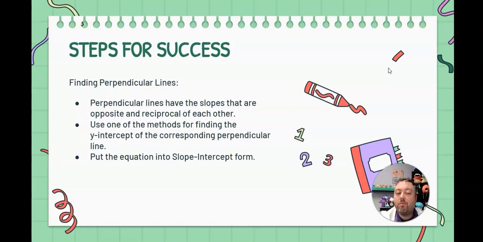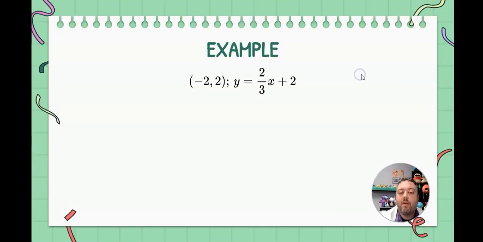Again, once you get the slope, you can use any of the methods that you may know for finding the y-intercept for the corresponding perpendicular line. And then we're going to finally put that equation into slope-intercept form. So let's take a look at this example. I have the point (-2, 2), and I want to know what line goes through there and is perpendicular to y = 2/3 x + 2. First thing I need to do is get that slope.